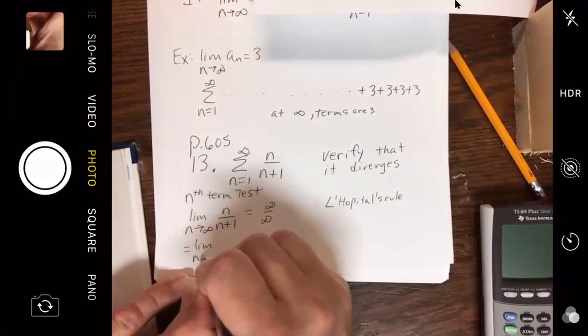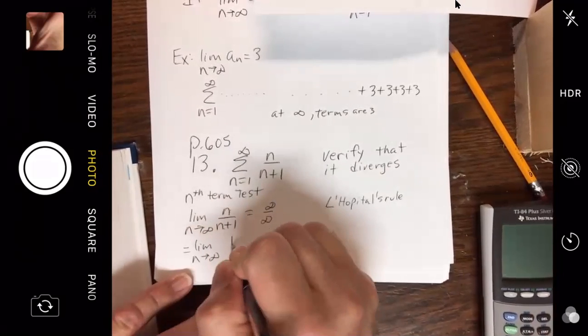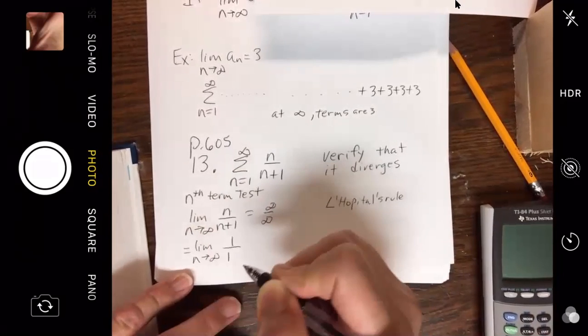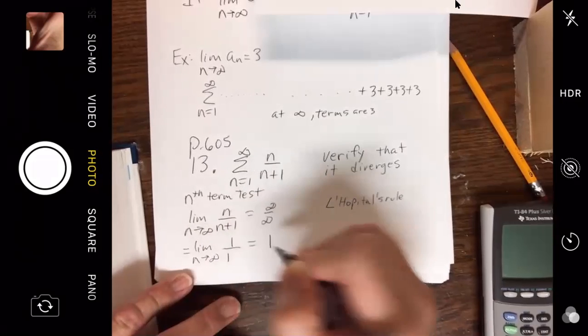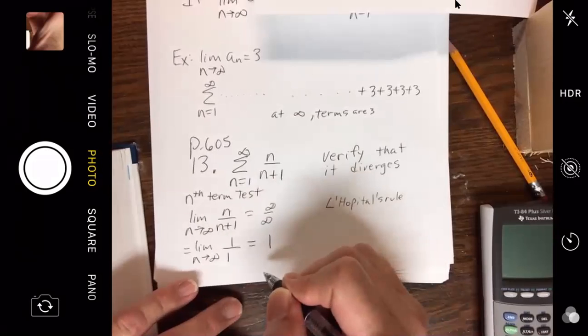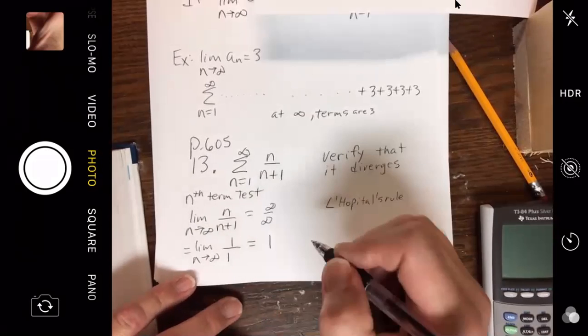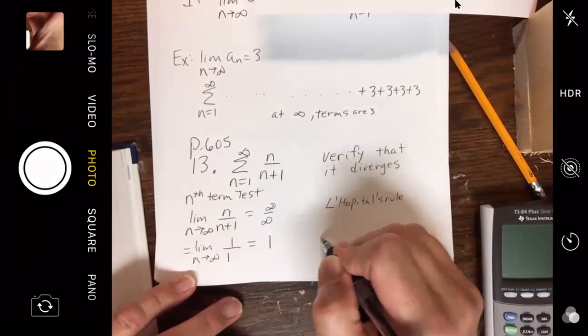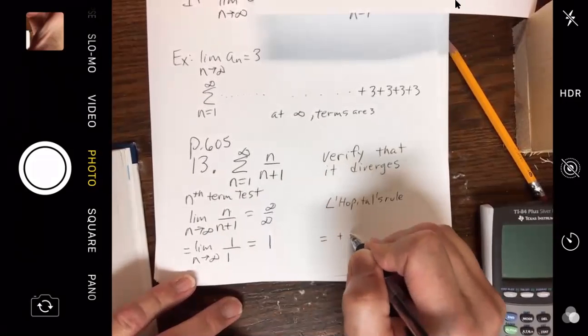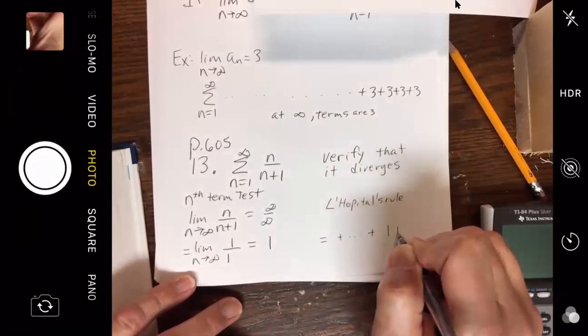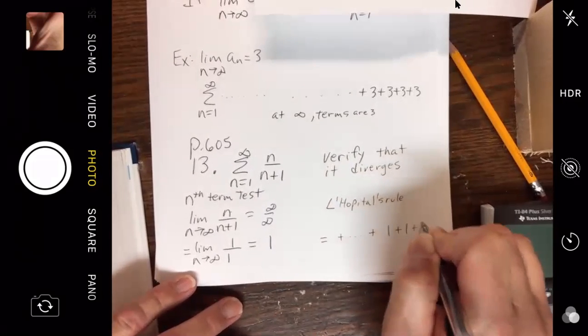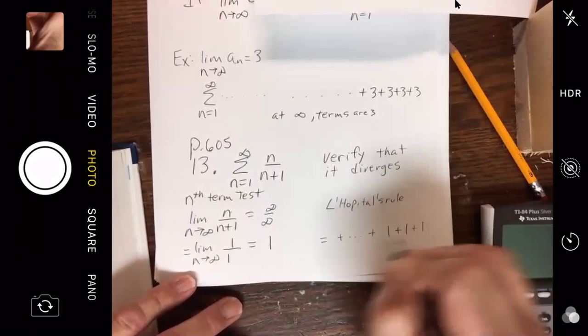Limit as n goes to infinity, derivative of your top is 1, derivative of your bottom is also 1. There's no n to plug in, so this is equal to 1. You understand that this means on the sum, I will wind up adding stuff, but at the very end, I will add 1 forever because the terms at infinity are 1.